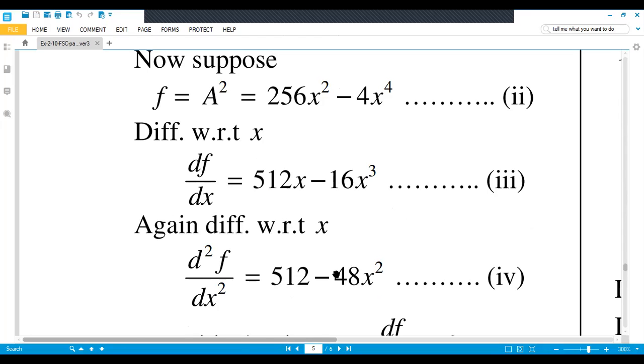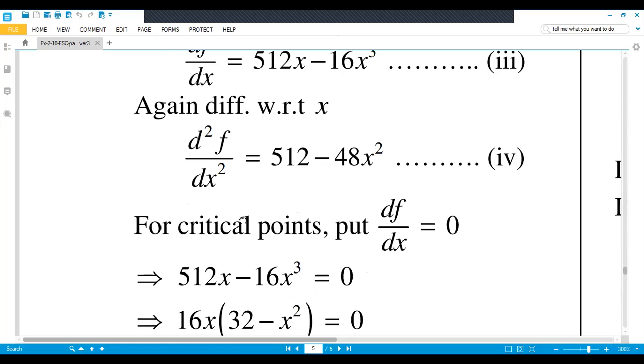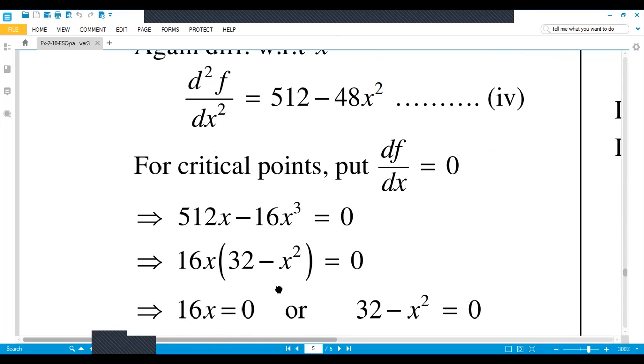The first derivative we take equal to 0. So 512x minus 16x cube is equal to 0. Here 16x is common, so we take 16x common: 16x multiplied by 32 minus x square.